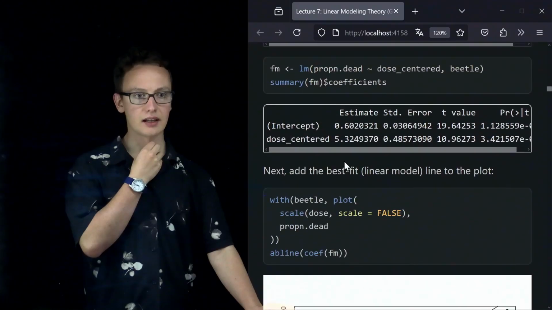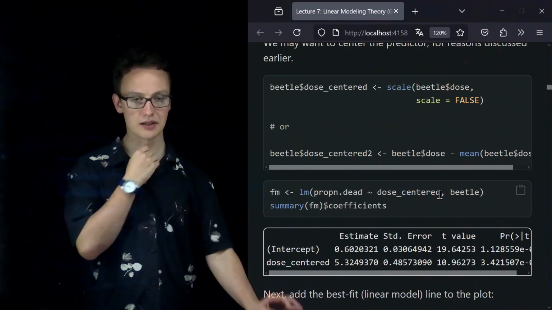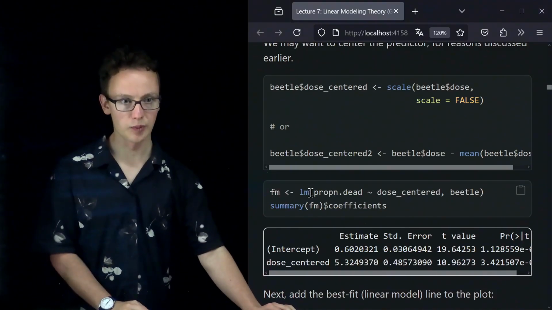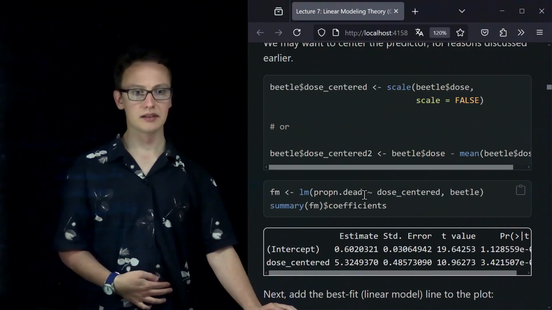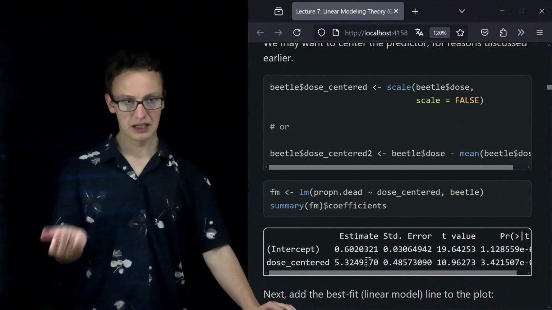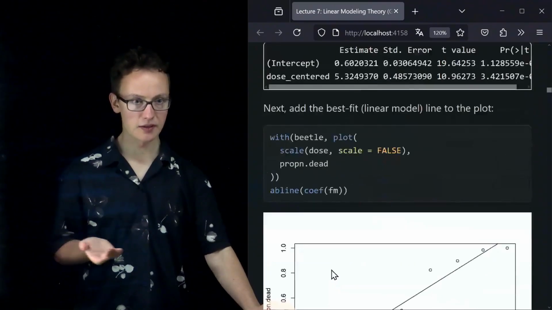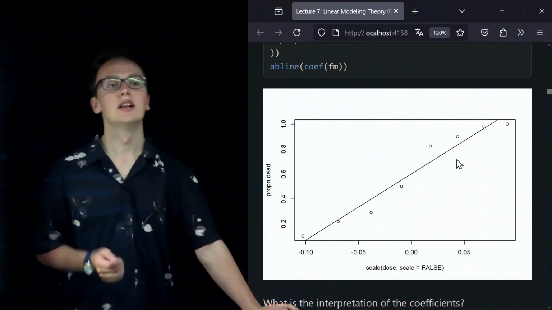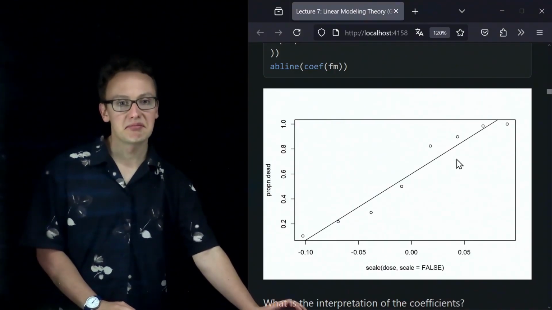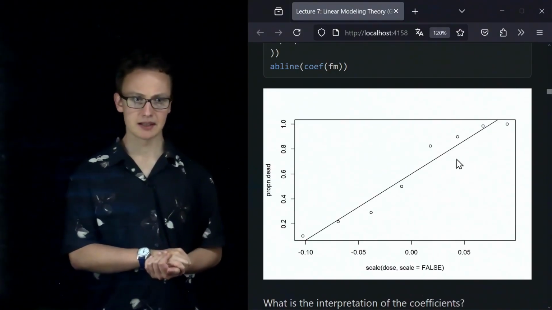And I can run a model which has this dose as a predictor and the proportion of killed beetles as the outcome variable. And I might get a summary that gives me an intercept and a slope, right? So summarized here, the intercept and the slope of that best fitting line. And I could think, yeah, okay, that's a possible way to analyze this data, right, statistically.